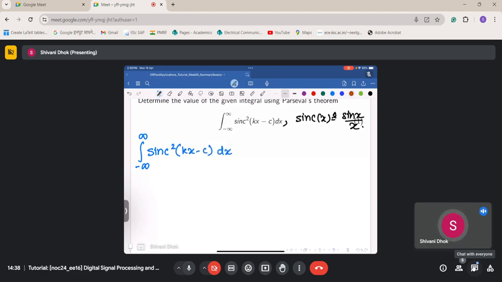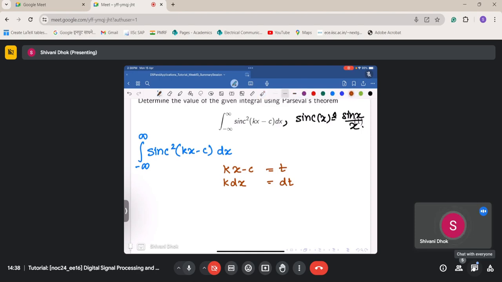Now what I'll do is a change of variable like this. I'll do the substitution kx minus c equal to t. Therefore k dx equal to dt. Now since x is running from minus infinity to infinity, and c and k are real constants, t will also vary from minus infinity to infinity. There won't be any change of limits.